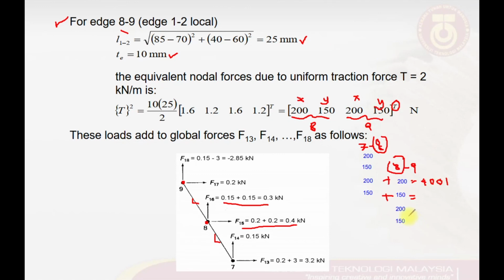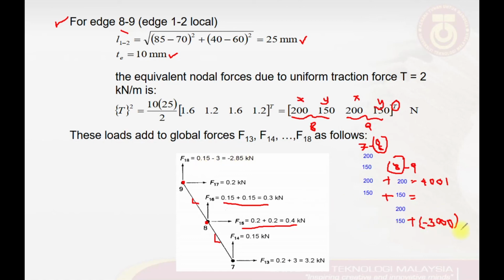We add it to the vertical force acting at node number 9, with 3000 Newton and a negative sign to show that this force is in the downward direction.